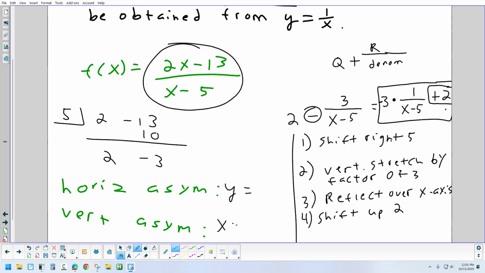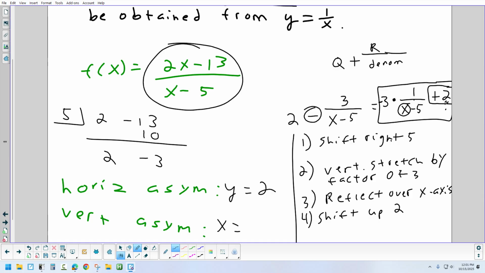X. So in this case, your horizontal asymptote: let x get really, really big, and this entire fraction is going to get very close to 0. Multiplying something close to 0 by -3 is still close to 0. And adding 2 makes it close to 2. So the only number that really affects the horizontal asymptote is that one. That's all you have to look at.